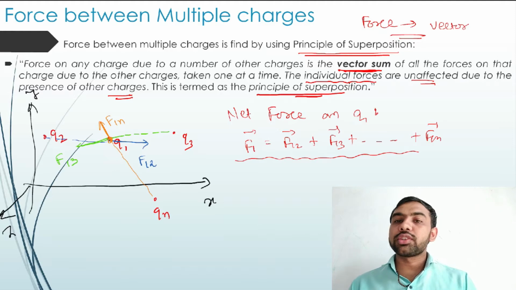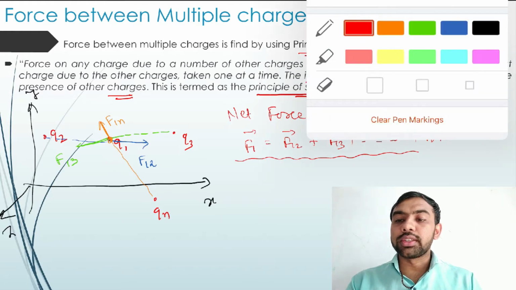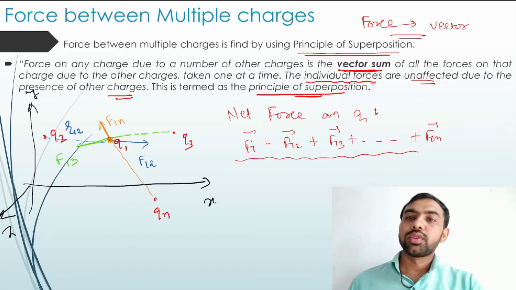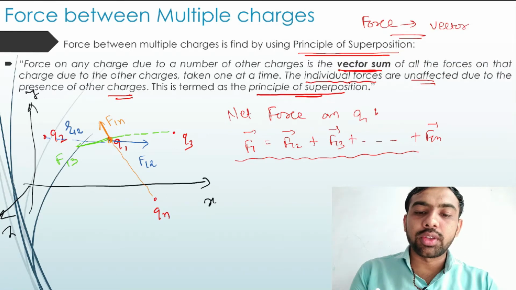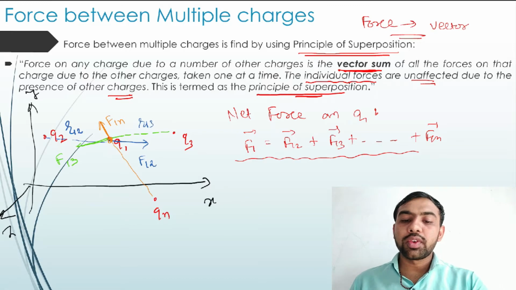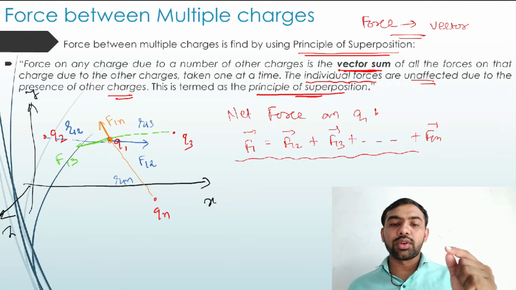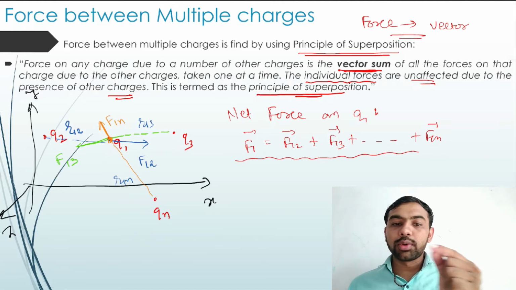Let's consider the distance between 1 and 2 to be r12, the distance between 1 and 3 to be r13, and the distance between 1 and n to be r1n. Okay, I am not using this position vector.